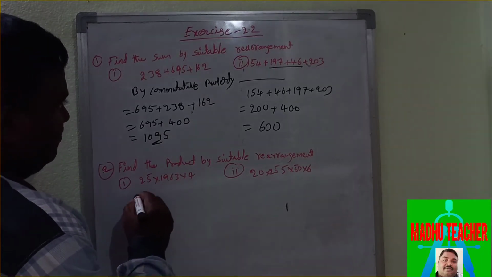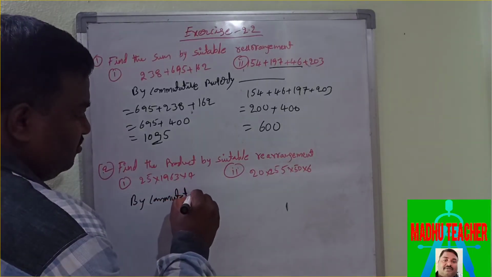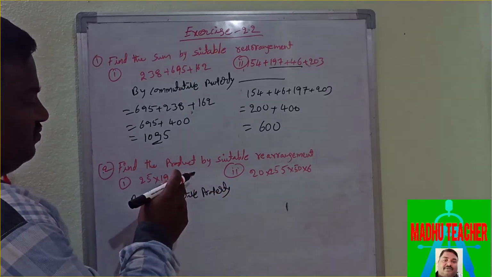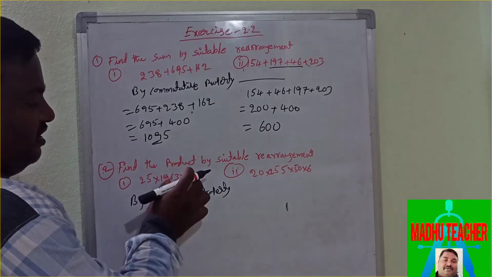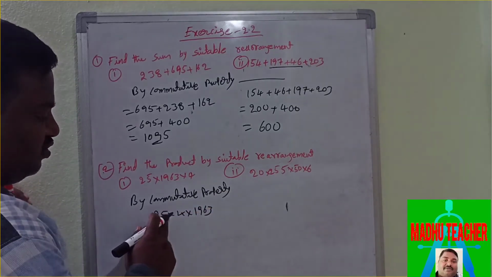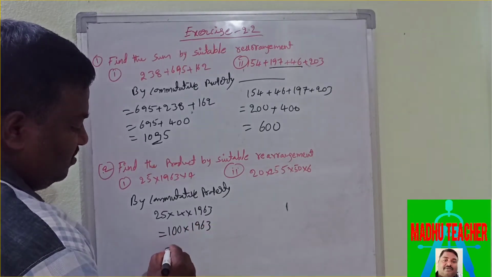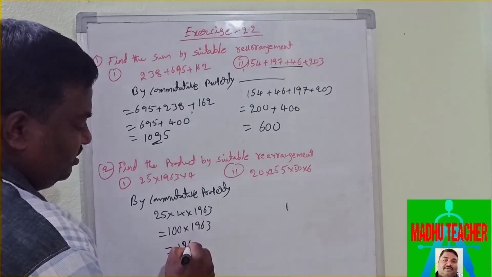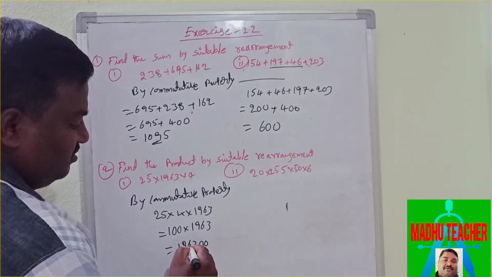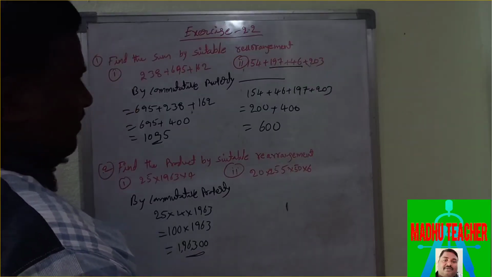Just the same by commutative property. 25 into, interchanging these two, 4 into 1963. 25 into 4, 100. 100 into 1963: just put 2 zeros. Ones, tens, hundreds, thousands, ten thousands, lakh. 1,96,300.